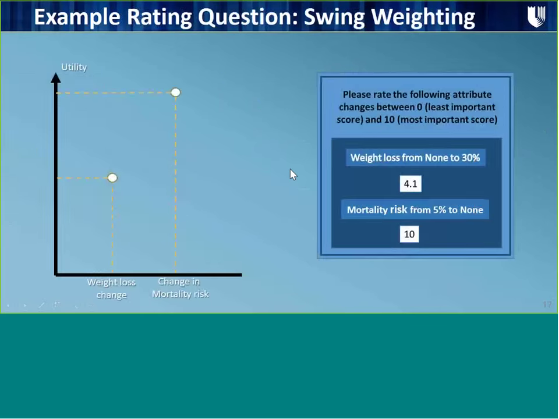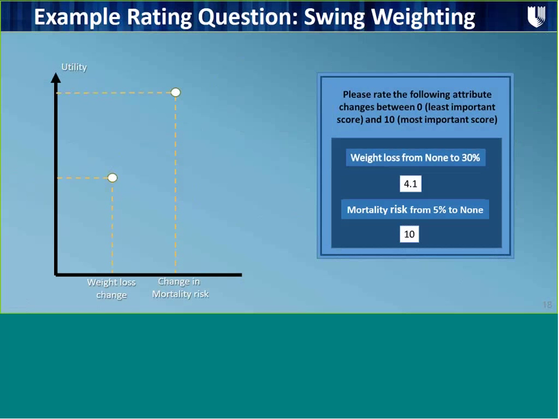The third method is a rating method, and here we're showing just an example, which is a swing weighting method. And here we ask people to provide the values directly for the sort of the height that they expect to associate with specific changes in attributes.